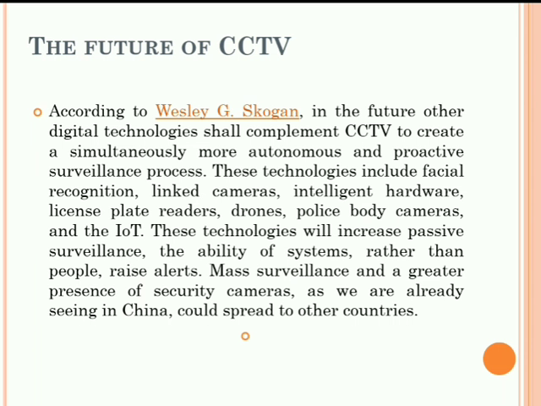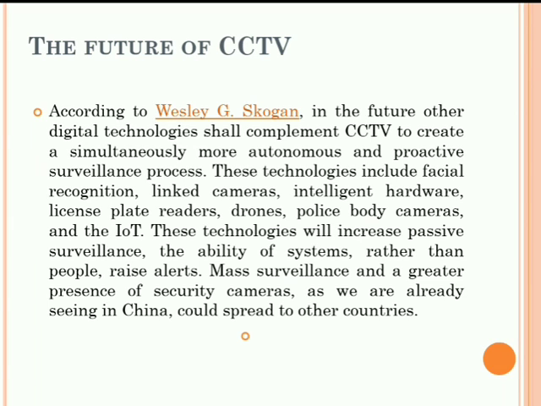Let us see the future scope of CCTV. According to Wesley G. Scogan, in the future, other digital technology shall complement CCTV to create a simultaneous, more autonomous and proactive surveillance process. These technologies include facial recognition, linked cameras, intelligent hardware, license plate readers, drones, police body cameras, and the IoT.